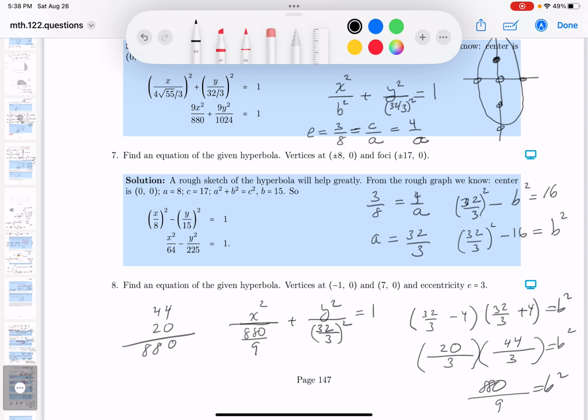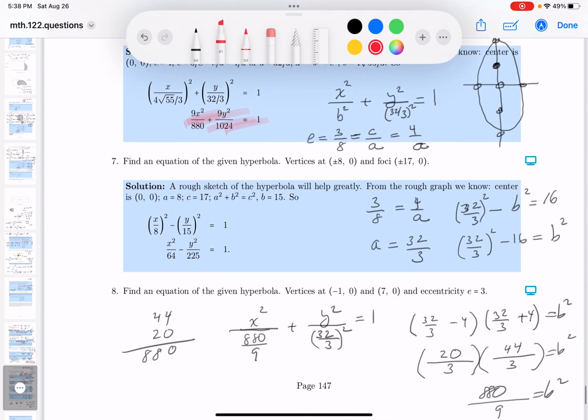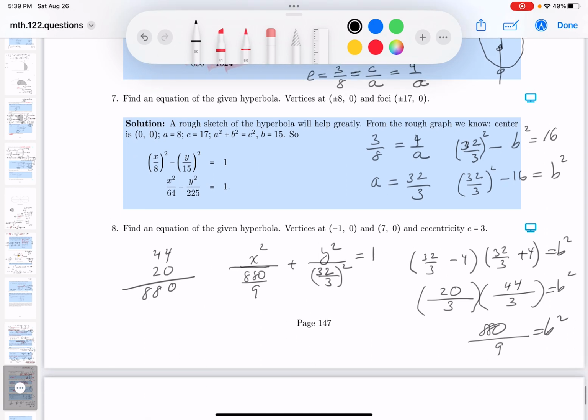All right, so I don't think I'd go through a bunch more work at this point. But I do want to go through, looking at the answer here, that if I were looking at that and wondered, you know what? That's exactly what I did. Let me do that. I can multiply both sides by 9. Let me go through that. What do you get? 9x squared, I'm multiplying both sides by 9, over 880 plus 9y squared, and that's going to be equal to 9.